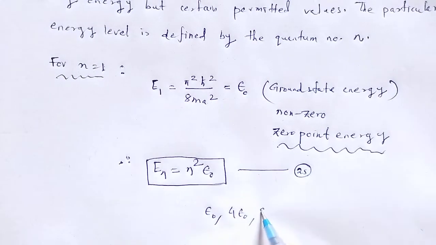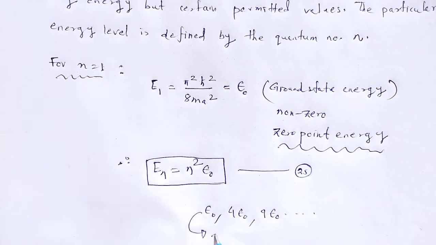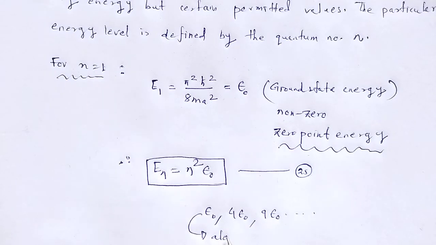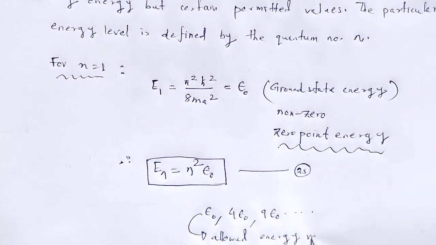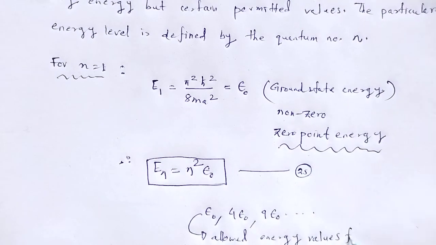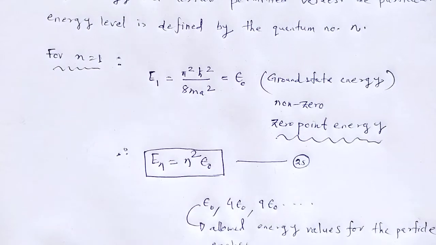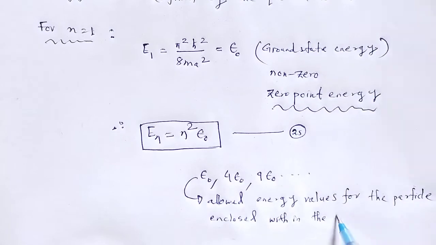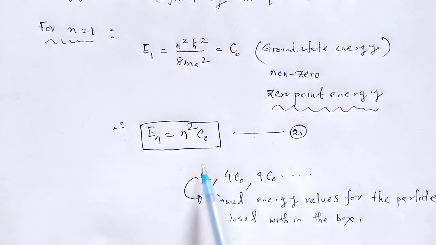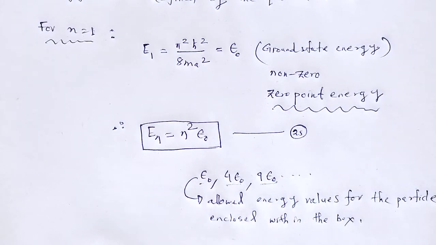When n is equal to 3, it will be 9 epsilon naught. Like this, these are the allowed energy values for the particle enclosed within the box.